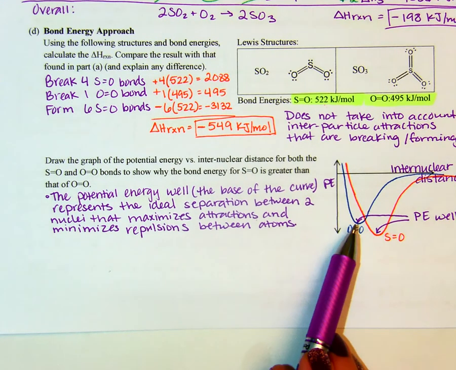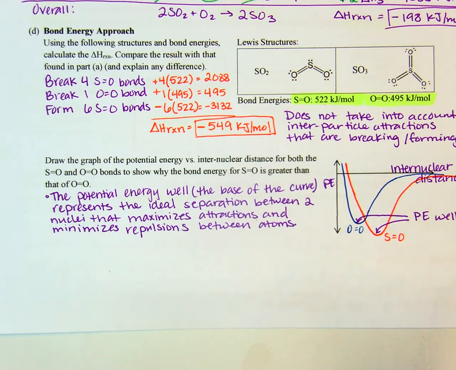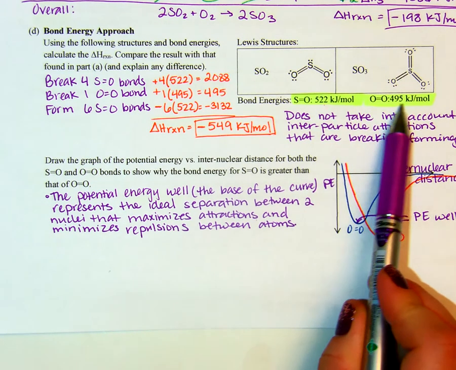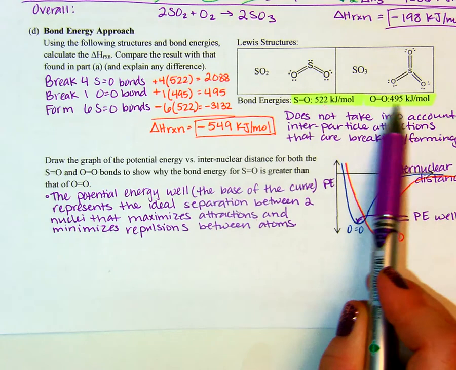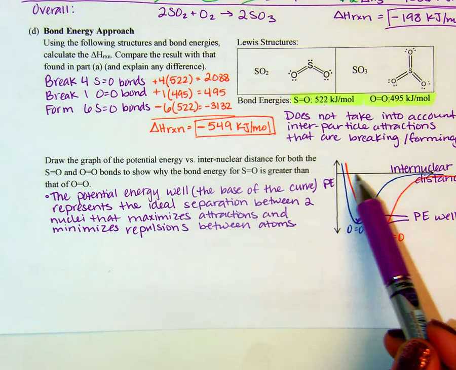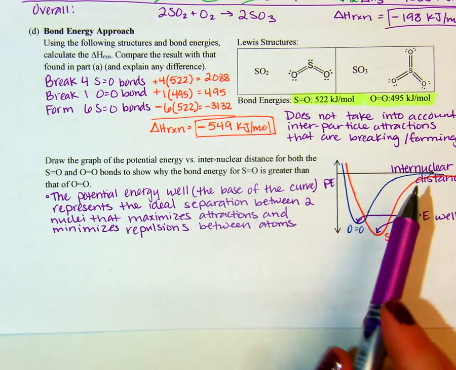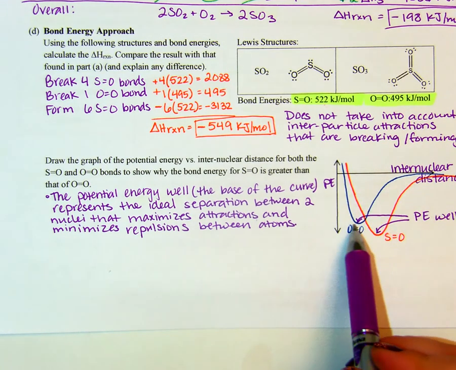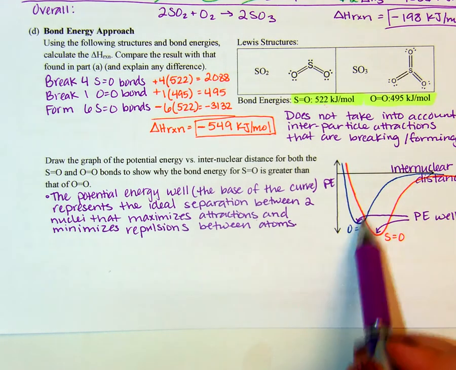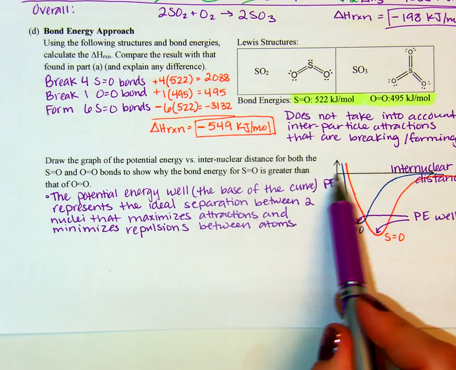We notice the potential energy is a little bit higher because it has a smaller bond energy, and you can see the bond energies right here. It has a bond energy that is smaller. So that means the bond energy is closer to zero, because this is our zero right here. This is inversed. So our bond energy for oxygen is lower. That's why this curve is higher up, but it's got a lower energy. It's closer to zero in the middle.